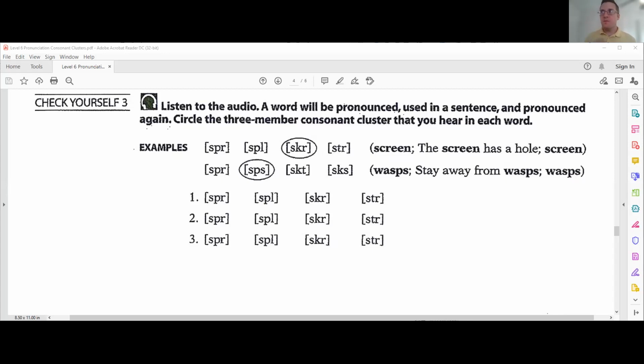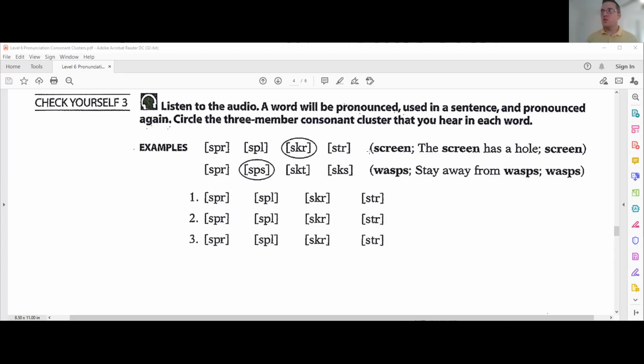Circle the three-member consonant cluster that you hear in each word. For example, you are listening for the consonant cluster spr, spl, skr, or str.